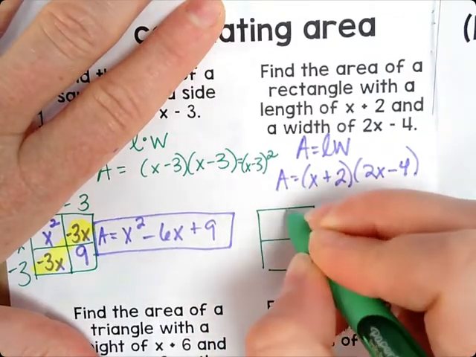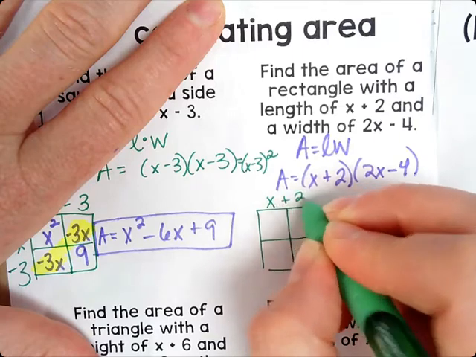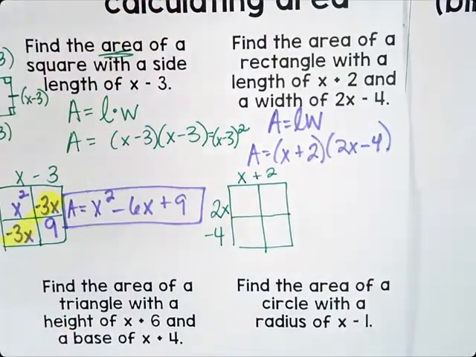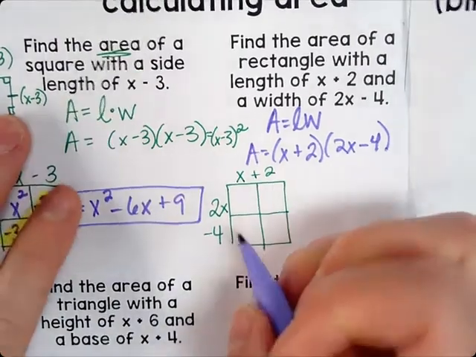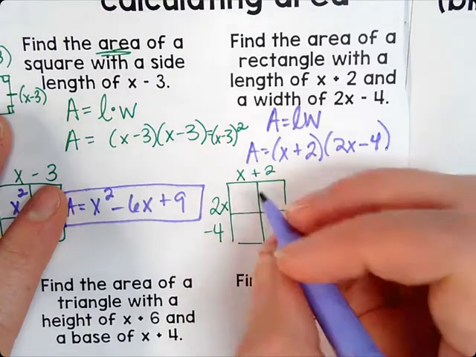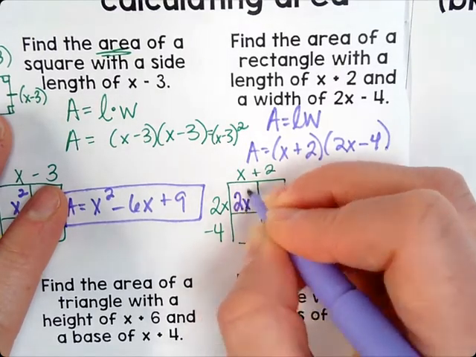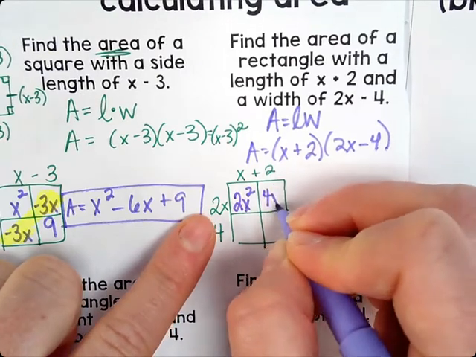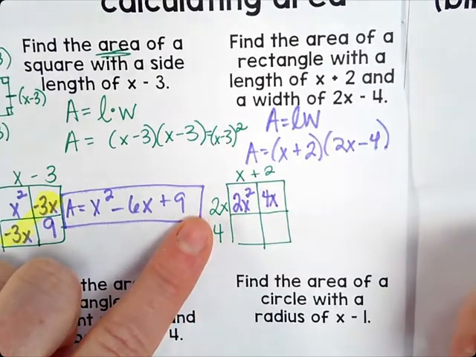Draw your box. 2x times x. 2x times 2, 4x.